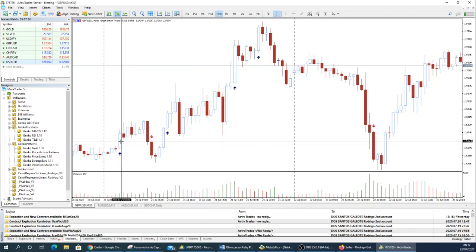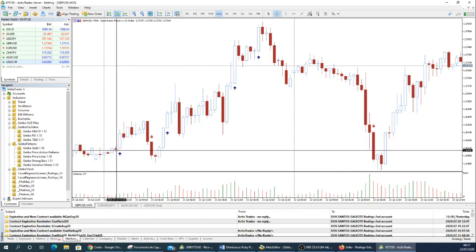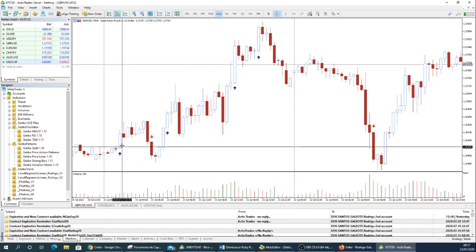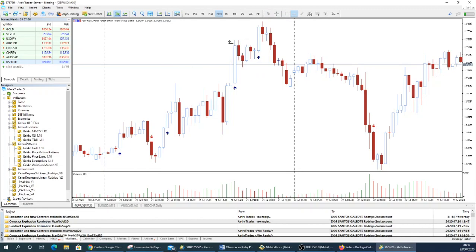And the other thing is a strong bar will most likely cross a previous support or resistance, right? So the tops and bottoms from the previous bars.